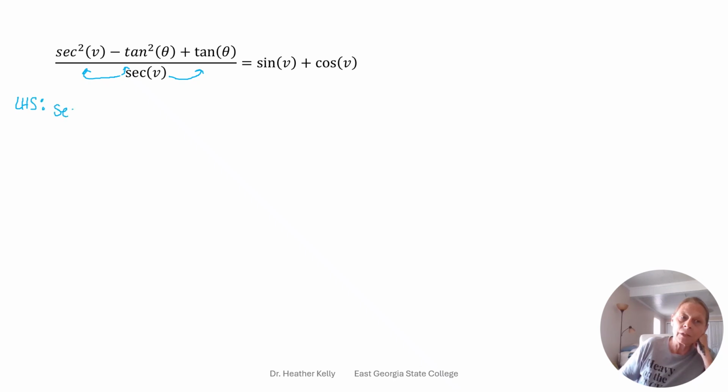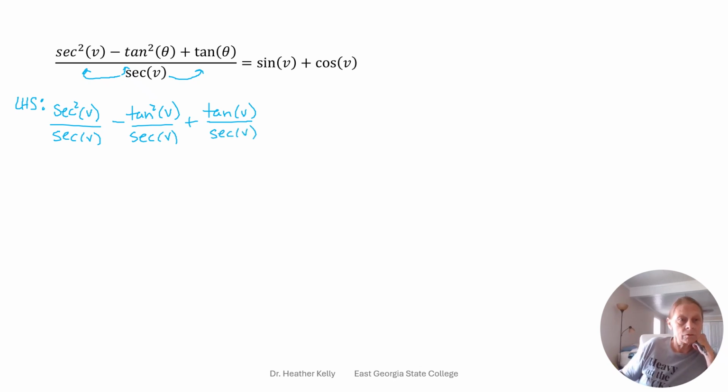It's going to become secant squared v over secant v minus tan squared v over secant v plus tan v over secant v. Okay, so this turns into just secant v minus, now tan is sine over cosine and secant is 1 over cosine.